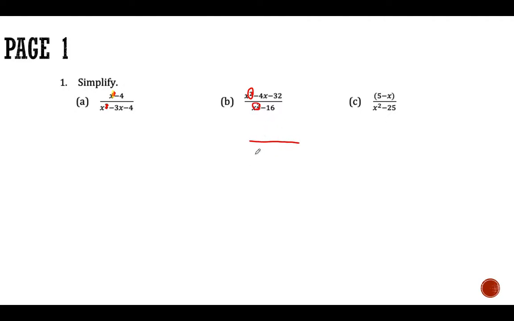X squared minus 16 is one of those special quadratics that you should have done 500 of in Algebra 1. If you do not immediately recognize the difference of 2 perfect squares, on the list of things for you to worry about for calculus is recognizing the difference of 2 perfect squares. Okay?